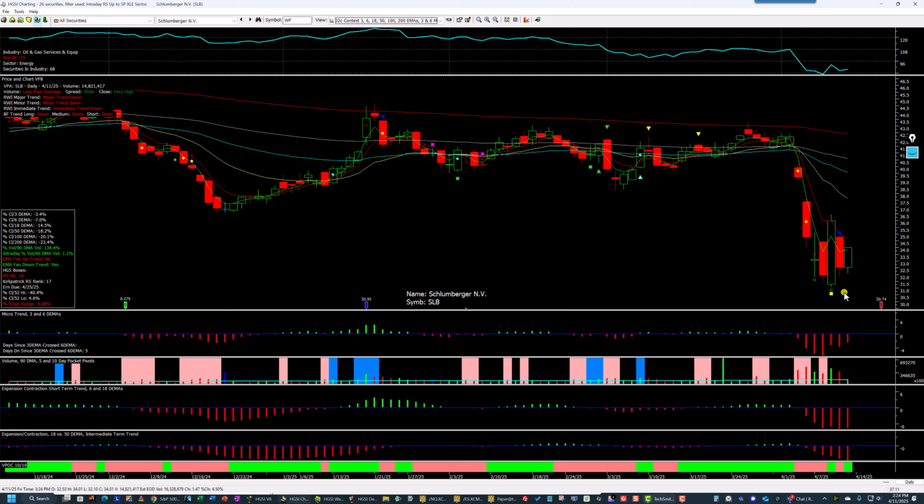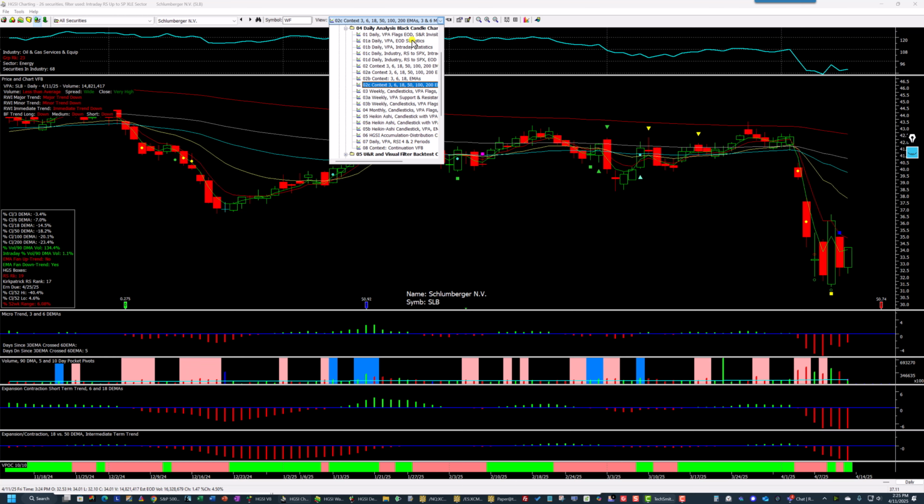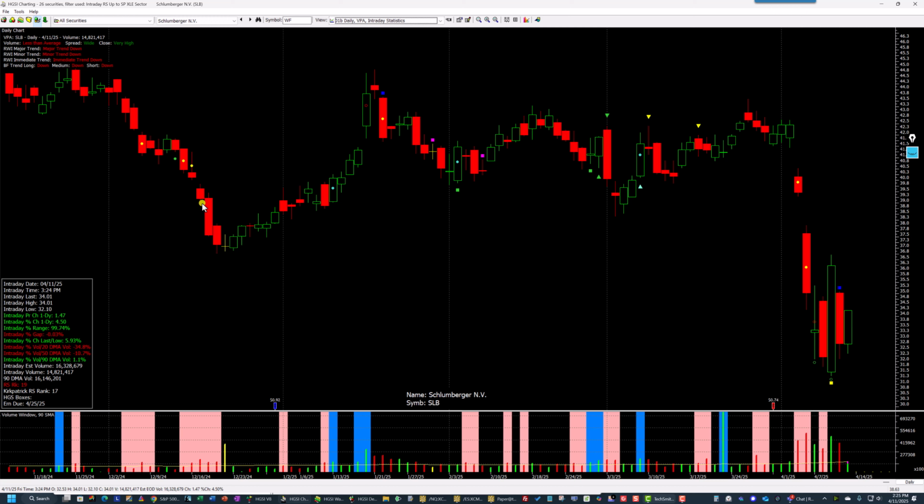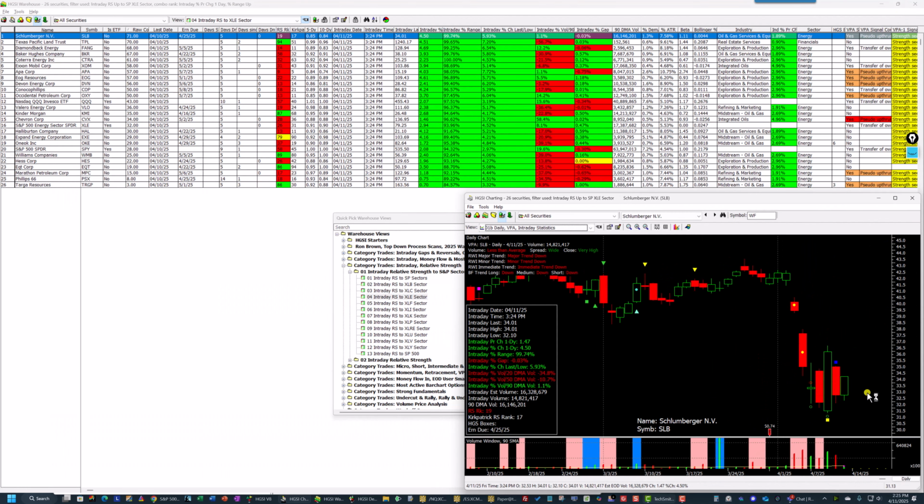This is actually what we used to refer to as a broken stock, but money's coming back into it now. If the sector continues to perform, and let me go back up here to the intraday, I'll just get a plain old chart here. We may be seeing the start of money flowing back into this sector.